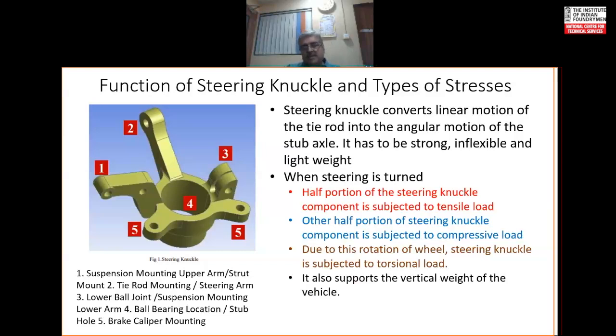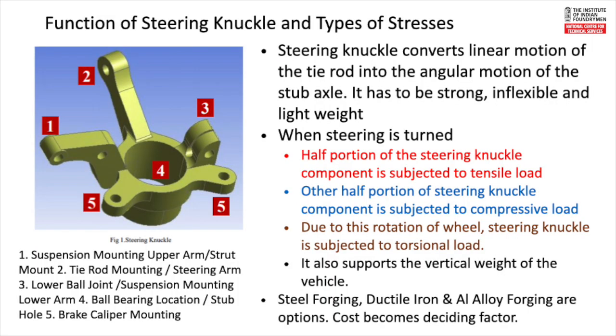So it is being subjected to all sorts of stresses, and it is safety critical. Like steel forgings, ductile iron or SG iron, aluminum alloy forgings are the optional materials that the buyer has, and cost becomes the deciding factor.